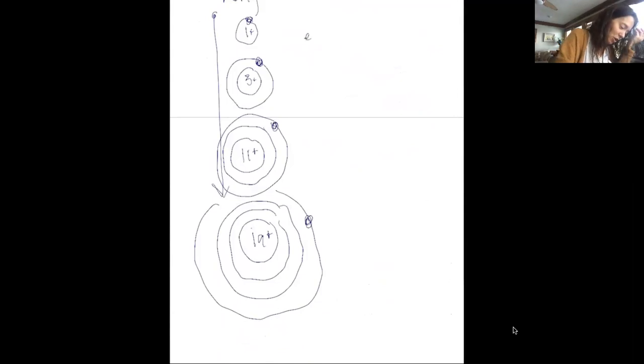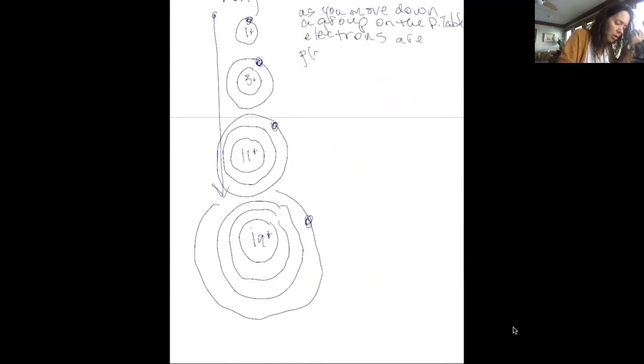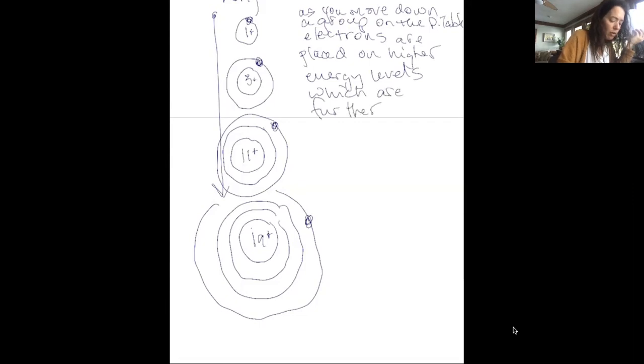So as you move down a group on the periodic table, electrons are placed on higher energy levels, which are further from the nucleus.